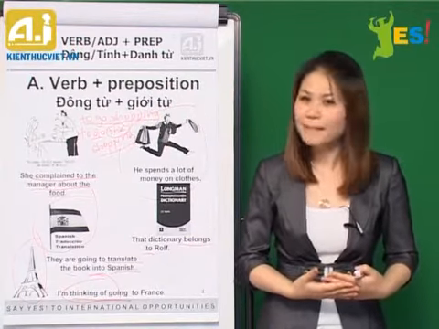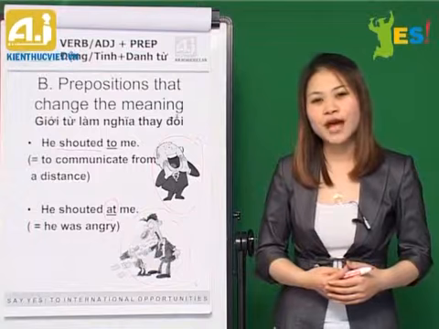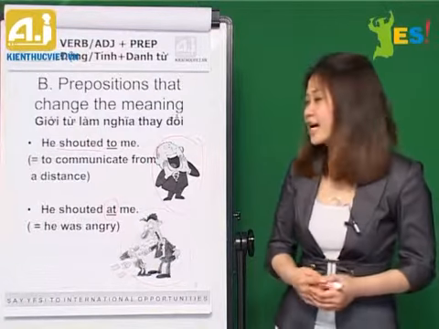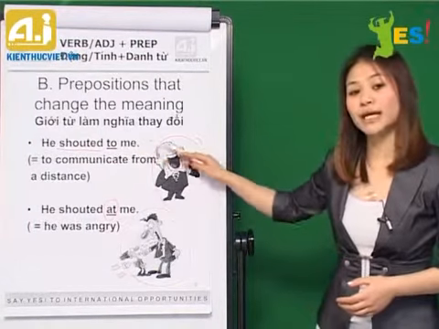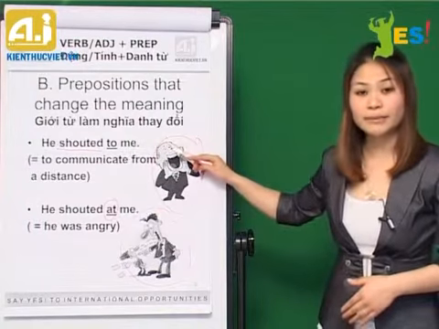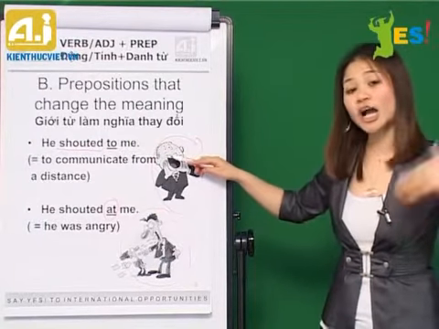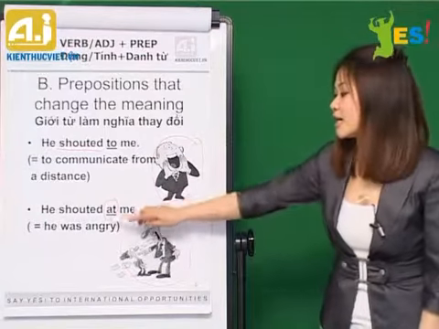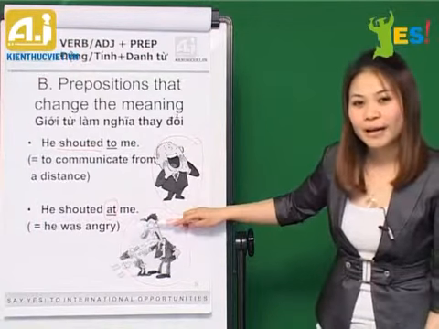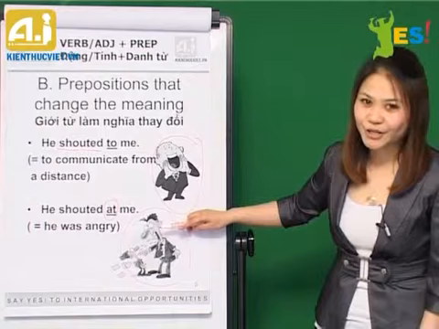And so to shout at means to be angry, to talk loudly at someone because you are not happy with something that they did, right? So shout to someone means positive, talking to someone, whereas to shout at someone, you know the meaning.